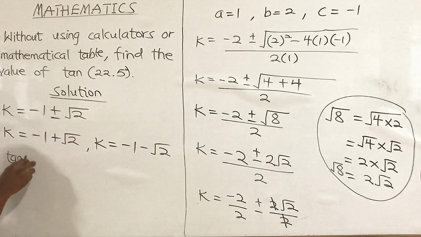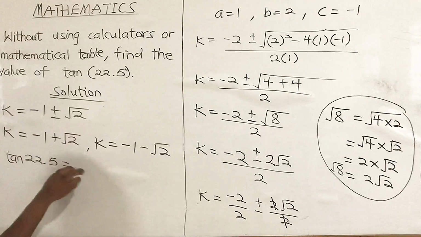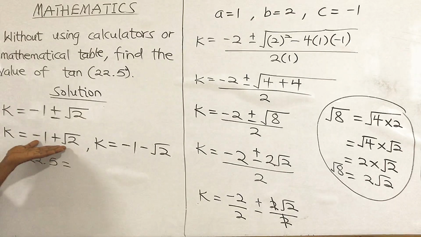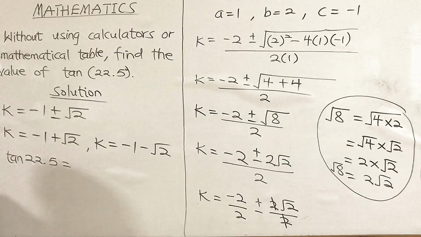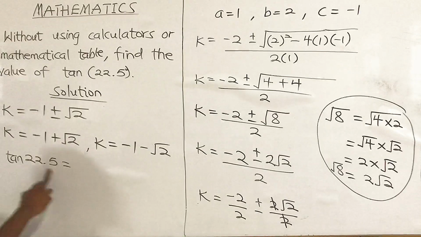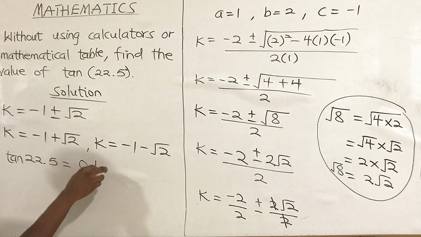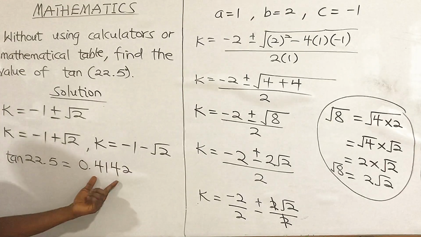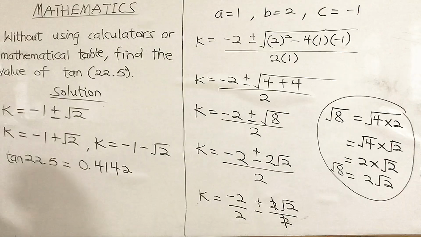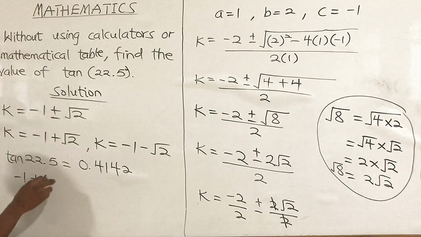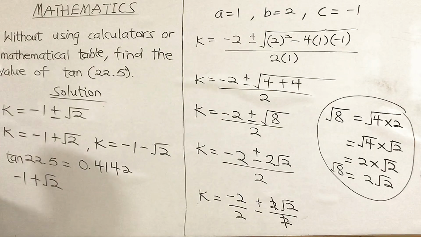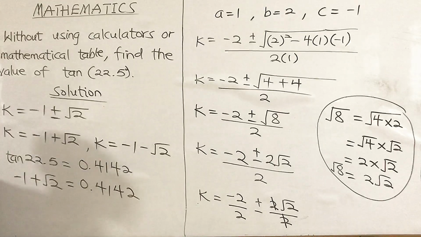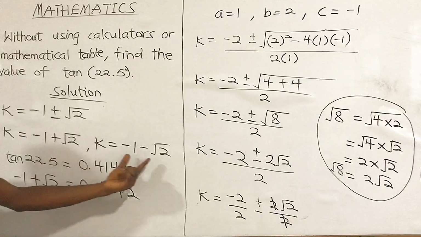So tan 22.5, when you punch it into the calculator, just to test the specific value we are going to select to be our final answer, the decimal of this is going to give us 0.4142, to 4 decimal places. And the decimal of negative 1 plus root 2 will also give us 0.4142.